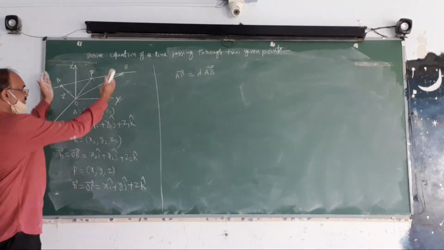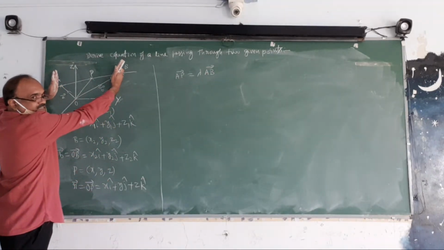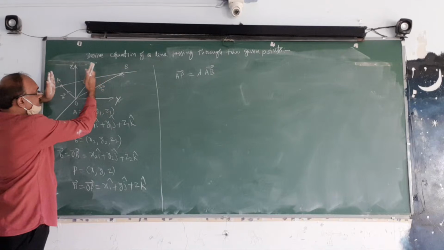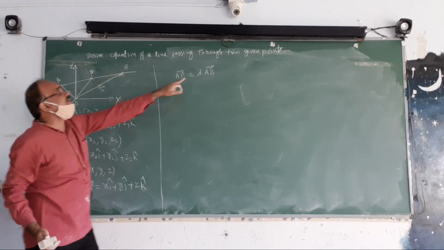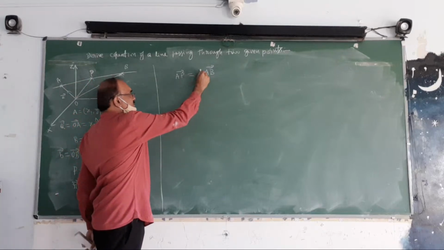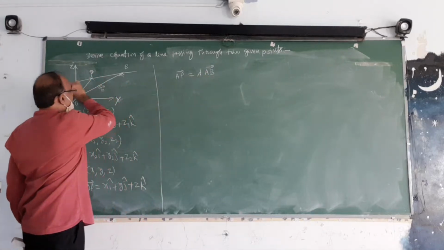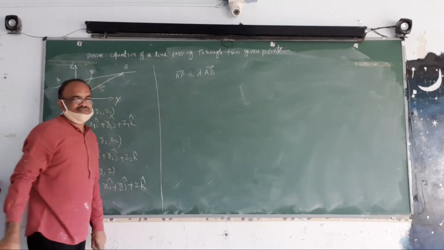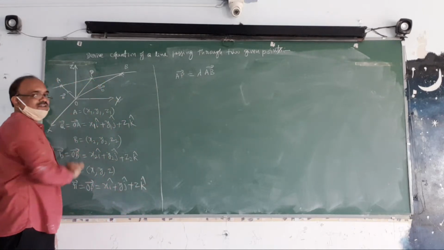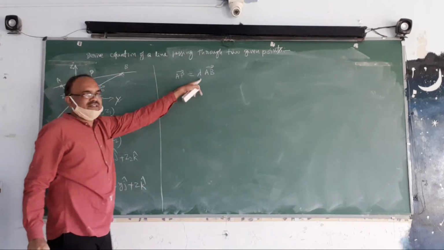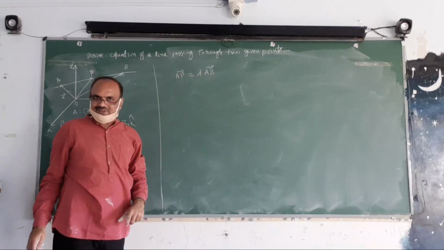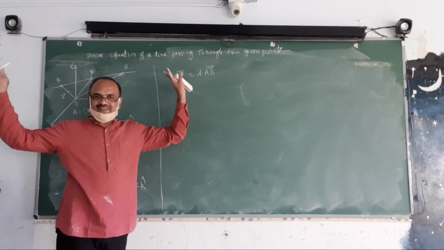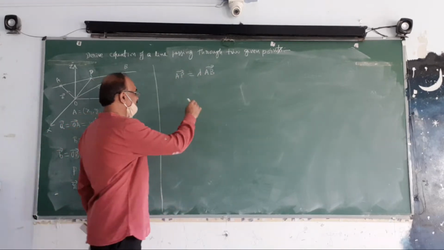AB is fixed, and AP is some part of AB, that is lambda. If P is the center, it is half of AB, so lambda is half. If P is somewhere here, it is 1/3 of AB, so lambda is 1/3. That value is represented using lambda, so you will get all points P. That is one equation.